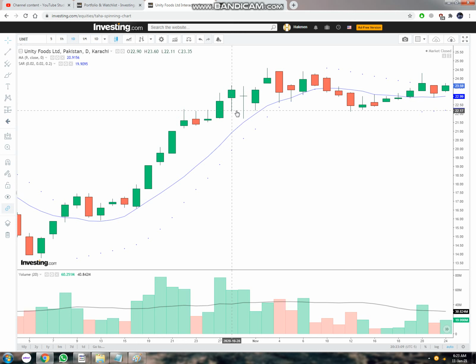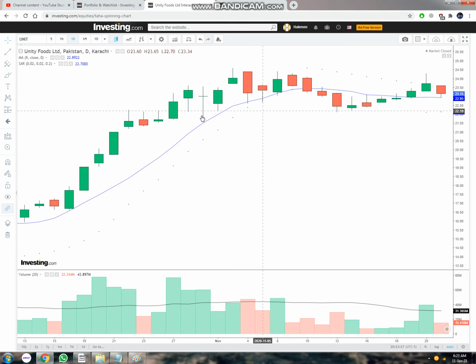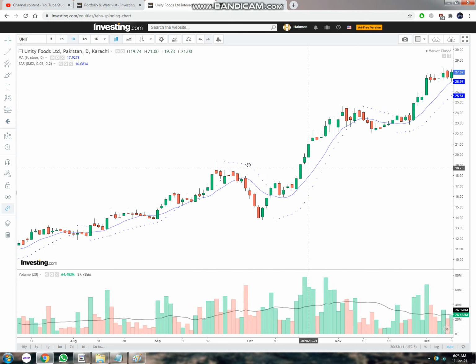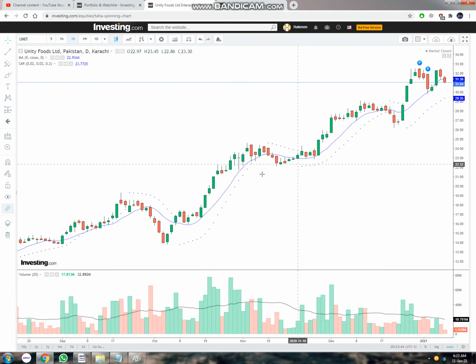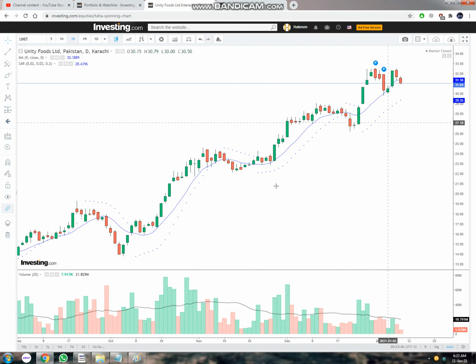Then the buyers jumped in later on in the day and pushed the market upward up till this point here, but again the sellers were active, so they pulled down the market a bit. Again the same thing formed over here, this was a fight between the buyers and the sellers. The buyers were fighting to push the prices upward, and the sellers were pulling the prices downward. In this case the buyers won, as you can see over here.